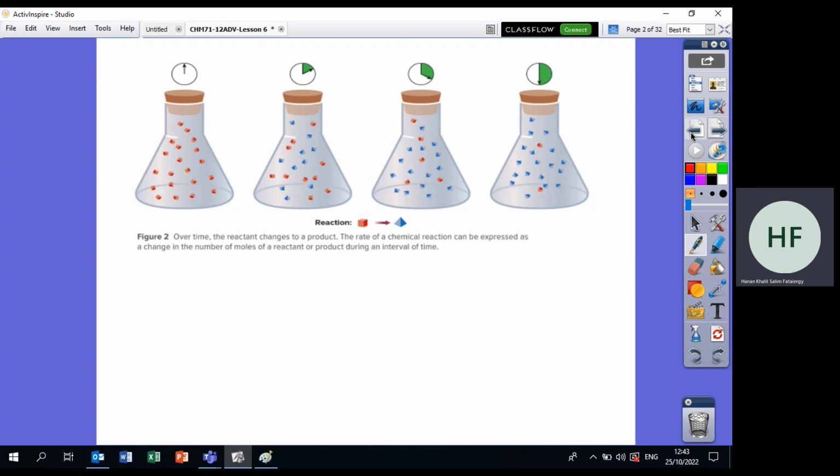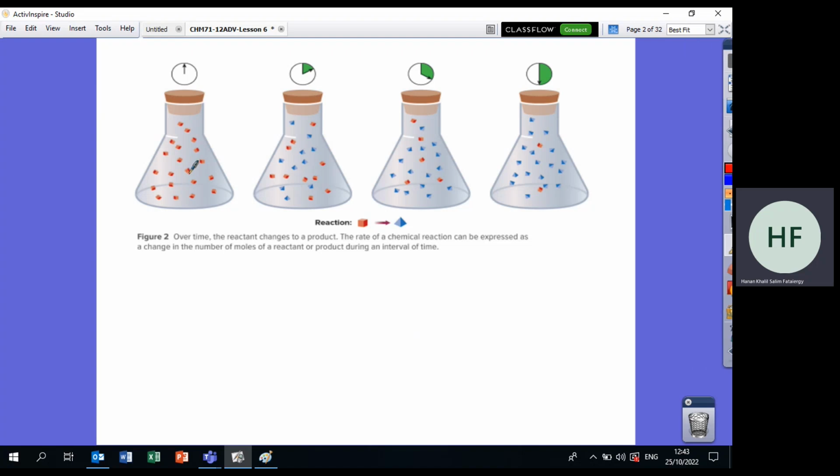Okay, let's look at these 4 containers. First of all, I want you to tell me what is the time in each image. Here the time is equal to 0. This time is 10. This time is 20. And this time is 30. Now let's observe what's happening during this time. According to this reaction, the red is the reactants and the blue is the products.